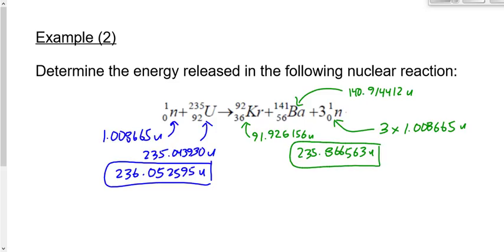Hey, wait. The products weigh less than the reactants. Would we expect that? Yeah, it's what we define as mass defect, right? The difference in mass between the products and the reactants. How do we get the value of the mass defect? Subtract them, right?